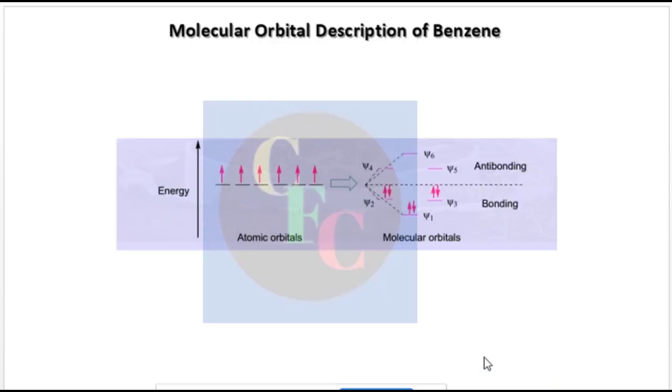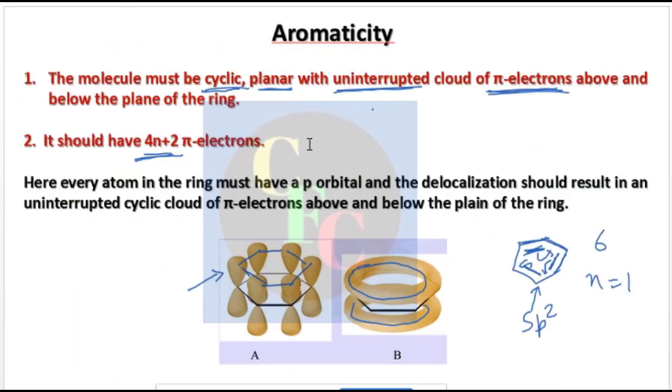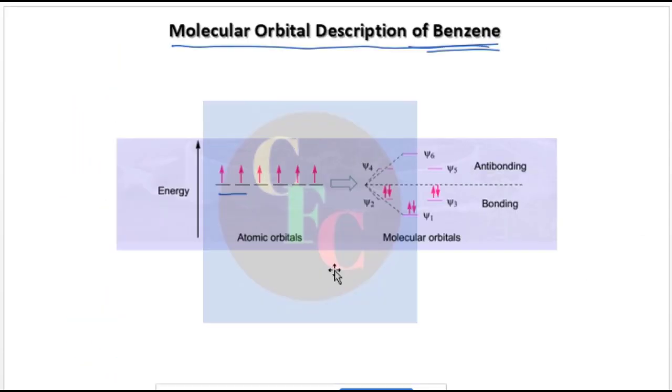Okay, now let us look more closely at the molecular orbital description of benzene. As we have seen in the case of atomic orbitals, here also the 6 pi orbitals, the diagram we have shown, if you remember, this diagram, the 6 p orbitals are shown here.